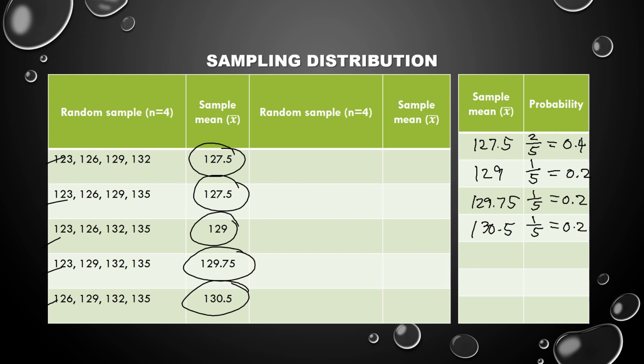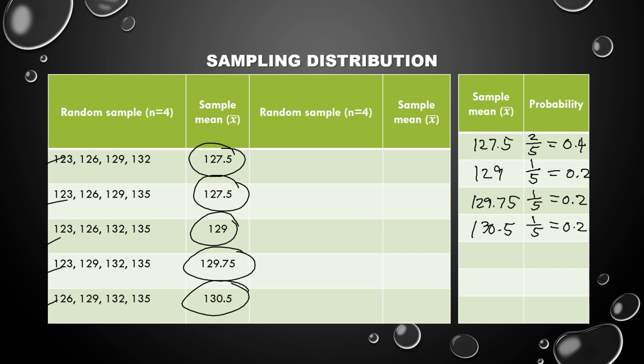Now, this is similar to your sampling distribution. You must check whether you've got those properties wherein the probabilities there are between 0 and 1. And of course, the sum of your probabilities must be equal to 1.